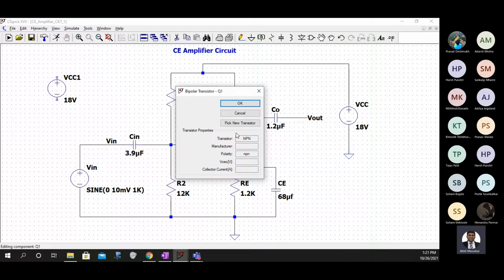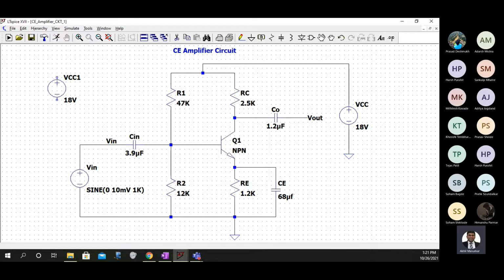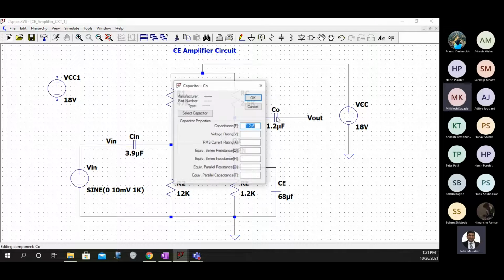Hello, sir. Yes. Sir, how to put capacitance in microfarad? So you right click on this, and here you can type only U. I did not type micro. I typed U. Okay, sir.